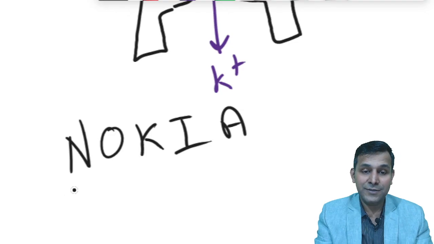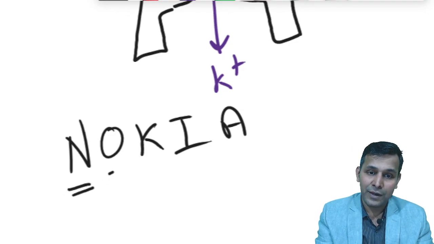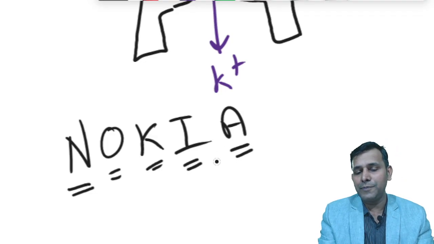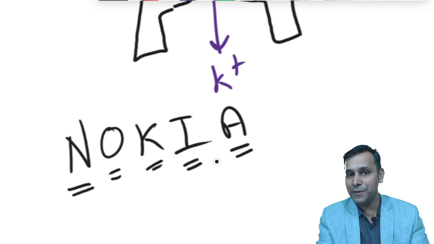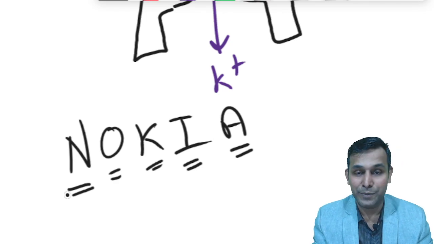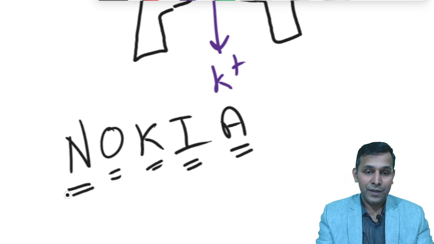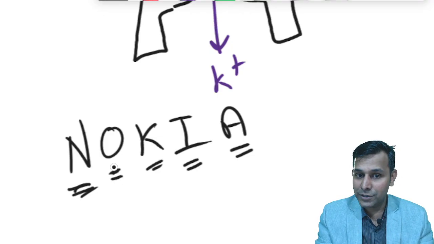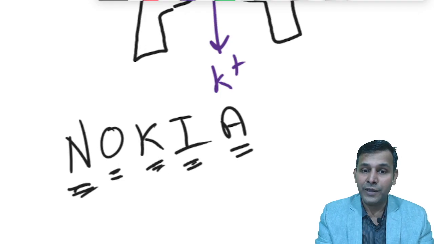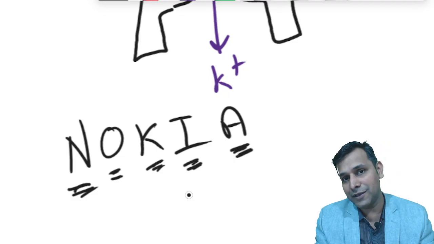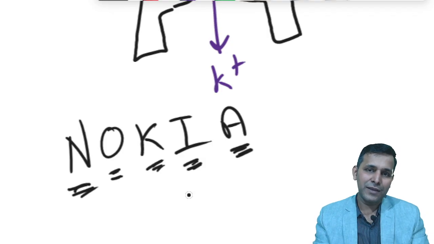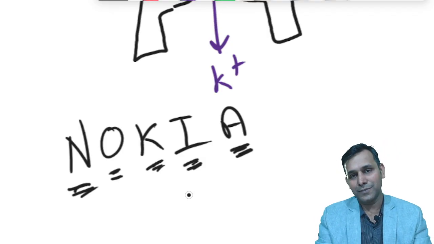It can be used as sodium moving out, potassium moving in, using one ATP as a source of energy. I repeat, Nokia is one of the best mnemonics to remember the sodium potassium pump. Sodium moving out, NO, potassium moving in, KI, and 1A, that is ATP, is used as a source of energy. So in this manner you can remember the actual functioning of this pump.